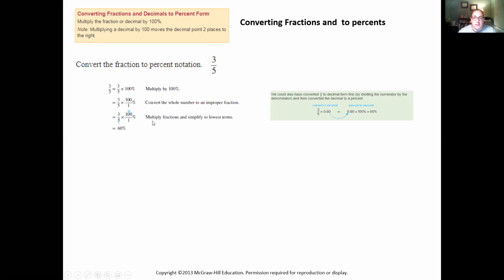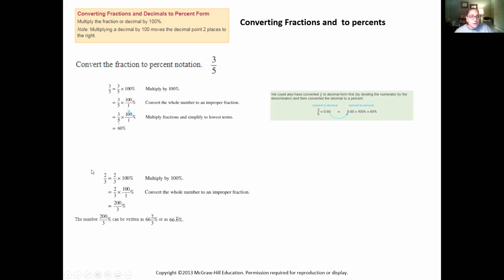There's an easier way to do it. Okay? Rather than doing 3/5 timesing all this, you can simply just divide, like in this example over here. 3 divided by 5 gives you 0.6, and then move the decimal 2 places to the right, like you learned how to do with decimals. That is the easier way to do this.